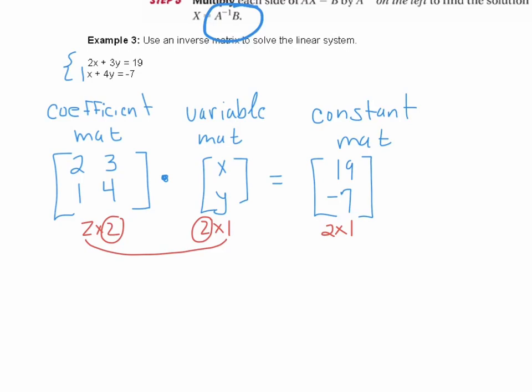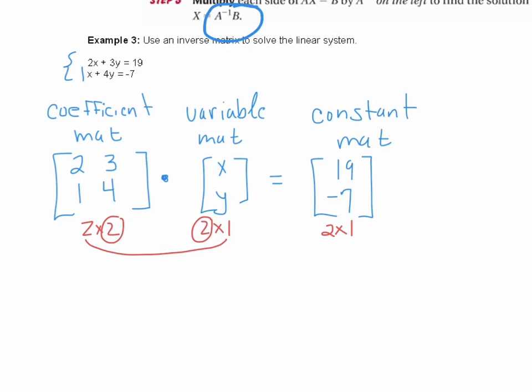Okay, furthermore, remember how we go about doing matrix multiplication. What I've generated here is an equation that's logically equivalent to this line up here. Check it out. If I do the multiplication on this side, based on yesterday's lesson, I have 2 times x plus 3 times y should give me 19.